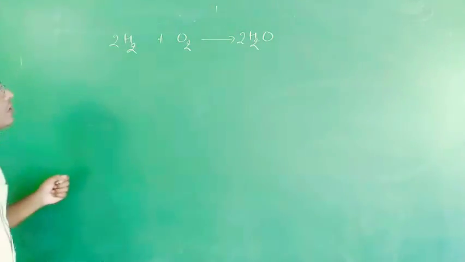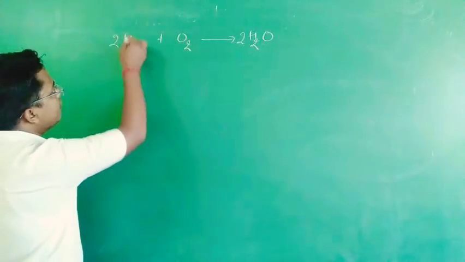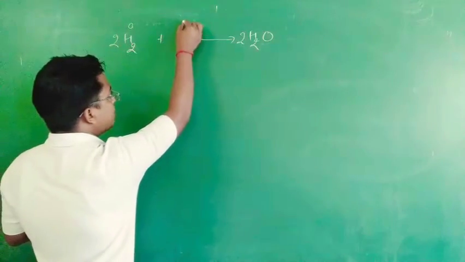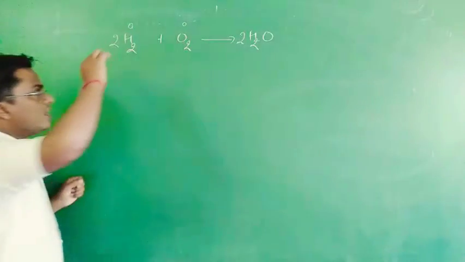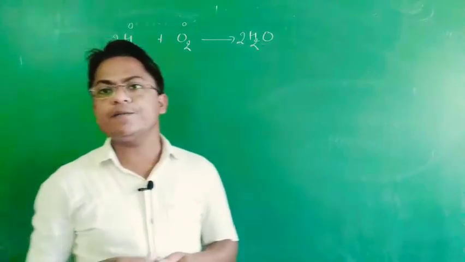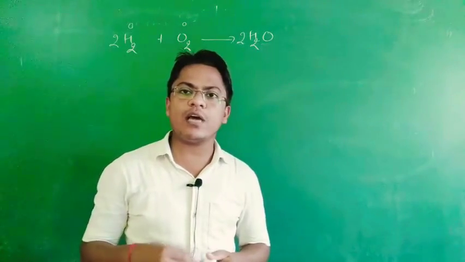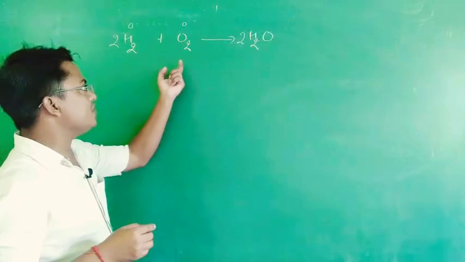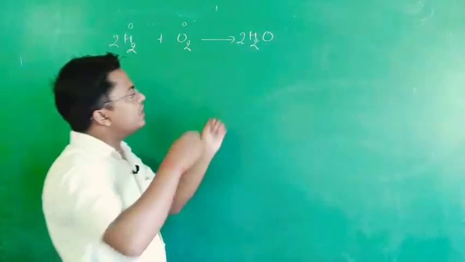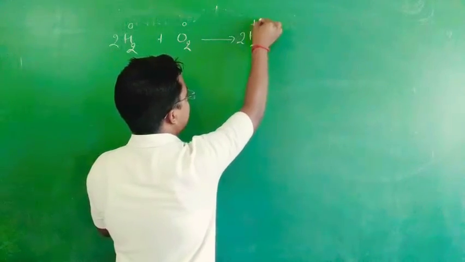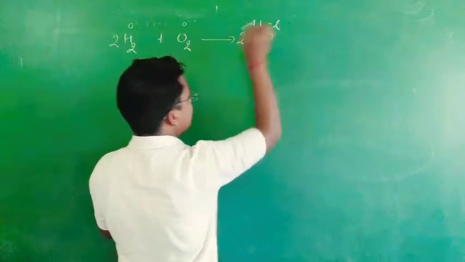The oxidation state of hydrogen in this reaction will be 0, and oxygen must be 0. The molecules like O2, N2, F2, P4, S8, the oxidation state of all of these is 0. So in this reaction the oxidation state of oxygen will be 0. In case of water, the oxidation state of hydrogen will be +1 and oxygen -2.